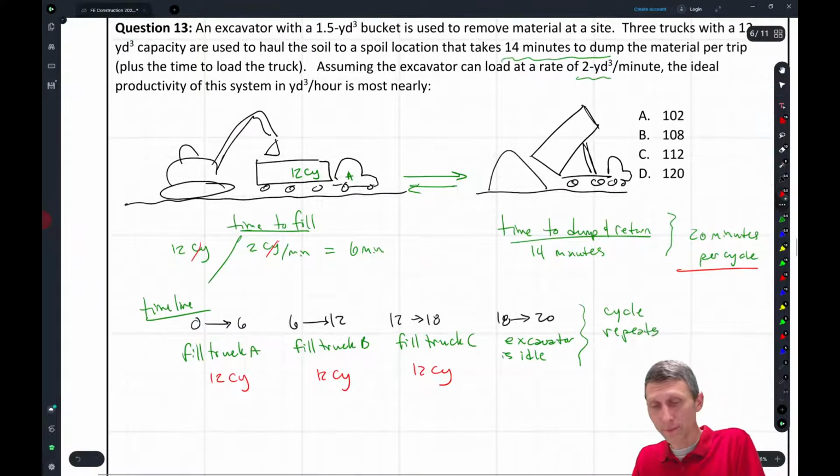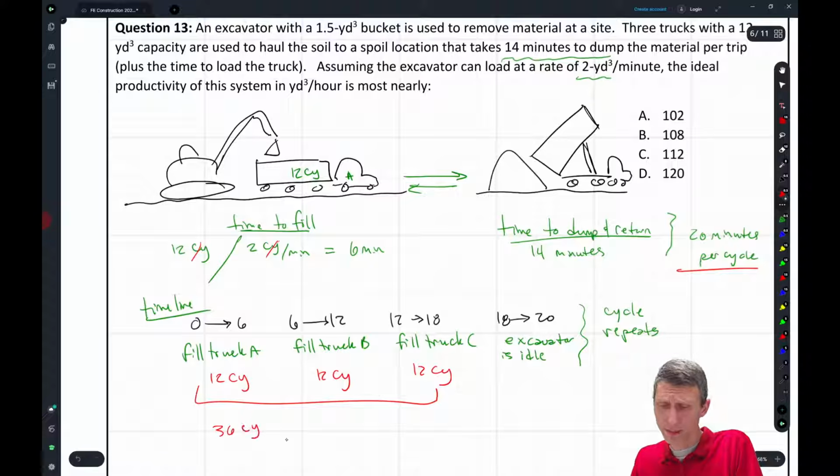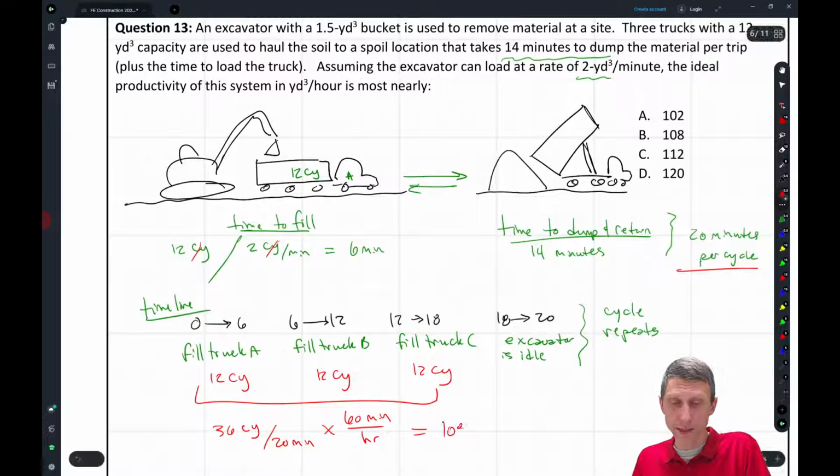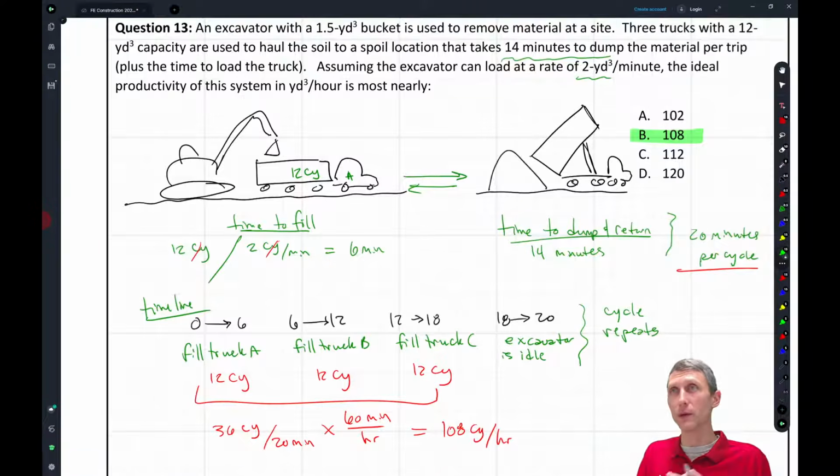So we're going to get a total of 36 yards per 20 minutes. Then it's 60 minutes per hour, and 60 over 20 is 3. So 36 times 3 gives us the most that we can do, which is 108 cubic yards per hour. That's our total idealized productivity with this set of equipment.